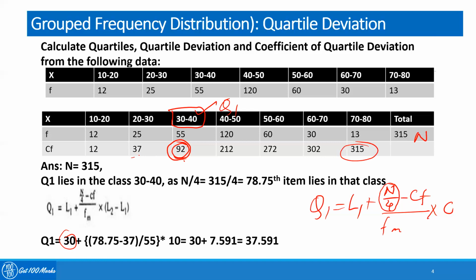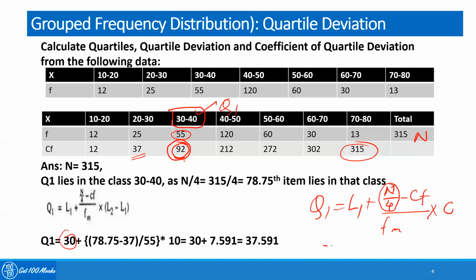The preceding class cumulative frequency is 37. Divided by FM, the frequency of the quartile class, which is 55, and multiplied by L2 minus L1, or C, the common width, which is 40 minus 30, which is 10.